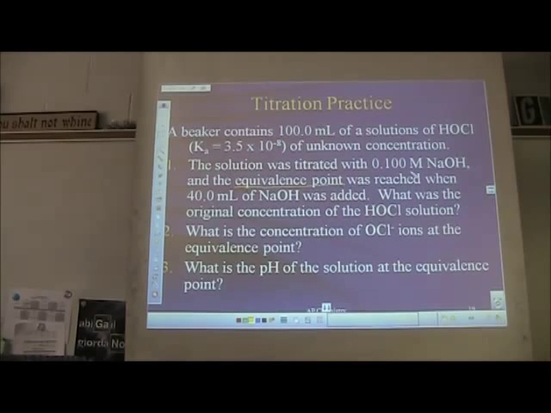Wow. They're telling you you're at the equivalence point. That's a major hint. Okay, so major species are HOCl, Na plus. Here's another important word. What if I change it instead of original?